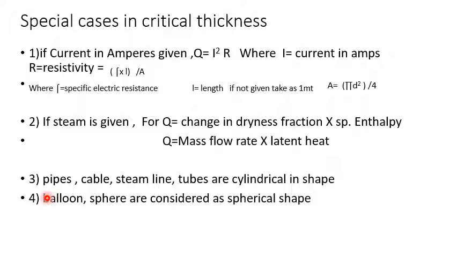As I told at the beginning, I should be very careful whether it is mentioned for a pipe, cable, or steam line. These are considered examples of the cylindrical shape. A balloon, refinery vessels, or a decorative spherical vessel are considered as something connected to the sphere.